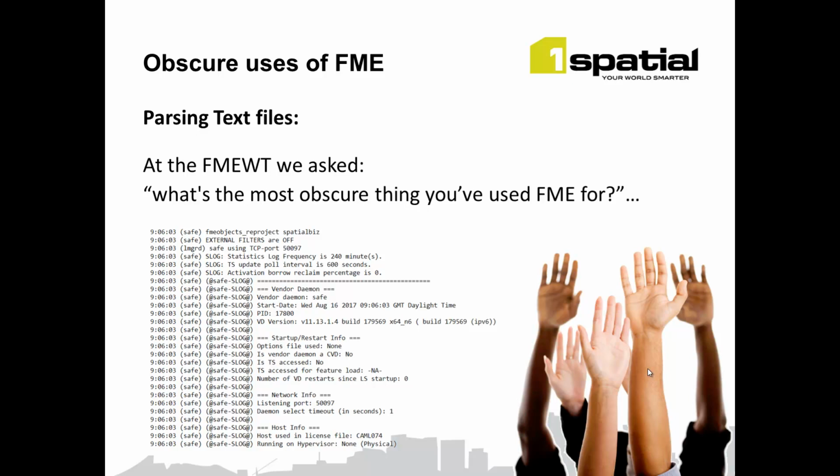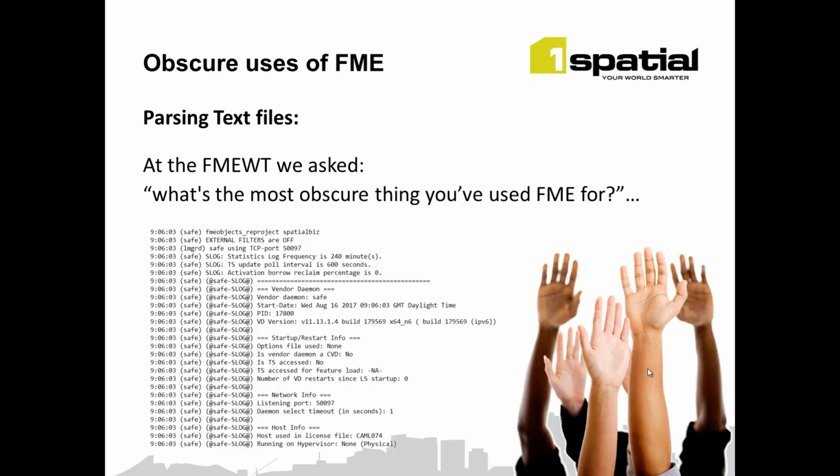And they filtered that information out of the log, they logged it into a database, and then they ran some analysis on that on a weekly and monthly basis. The reason they were doing this is because FlexLM, the licensing tool, doesn't really have any capabilities when it comes to identifying what usage you're making of the licenses you've got.